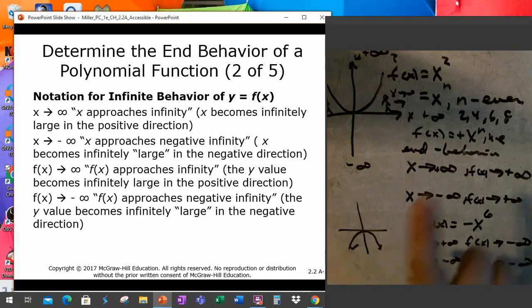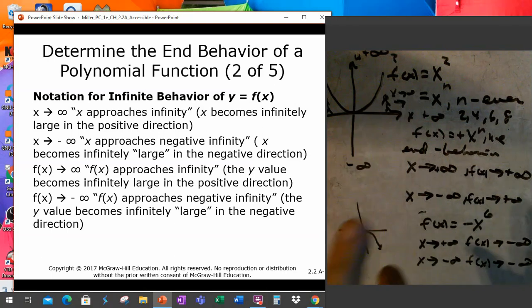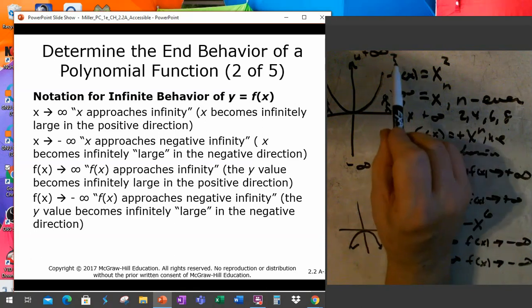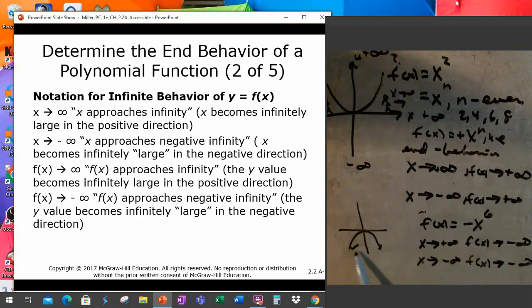We're going to do it like this for the evens, then we're going to do an odd, but we're going to keep up with this, because every time we look at a polynomial and graph it, we're going to say, well, what's the end behavior? What do we need to make happen here? And then for the rest of it, we're going to go through some zeros and some y-intercepts.